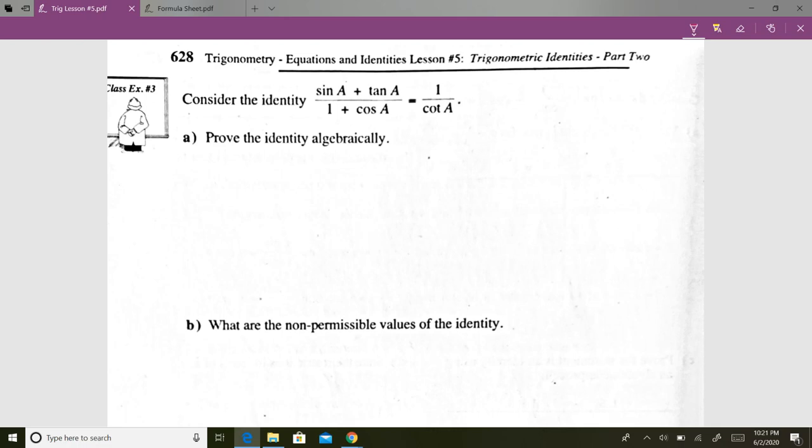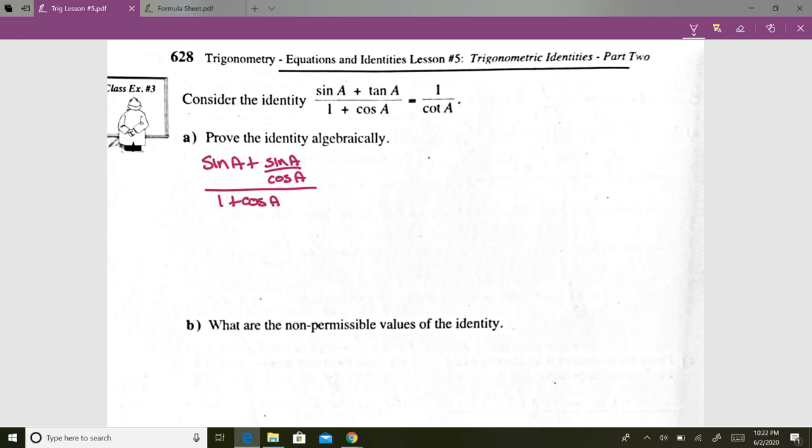Okay, so let's start with the left side. We have a big fraction, sine plus tan over 1 plus cos A, but we have this tan. We need to get rid of that tan. So I'm going to rewrite it. Sine A plus tan is sine over cos. That's all over 1 plus cos of A.